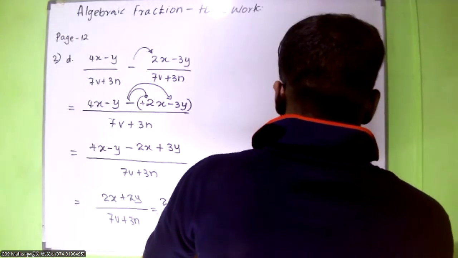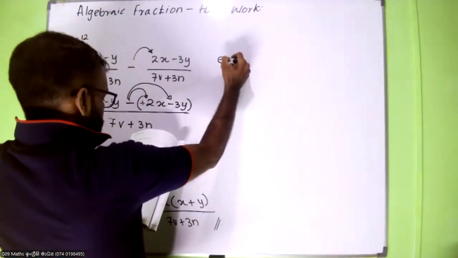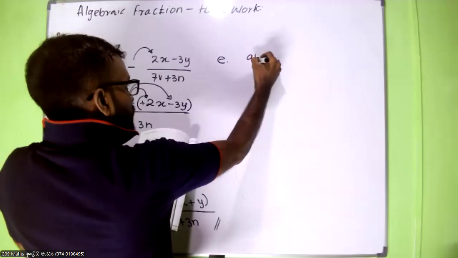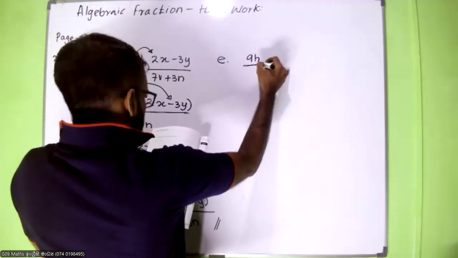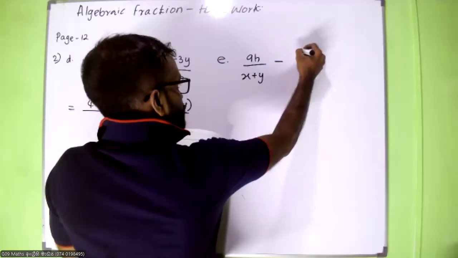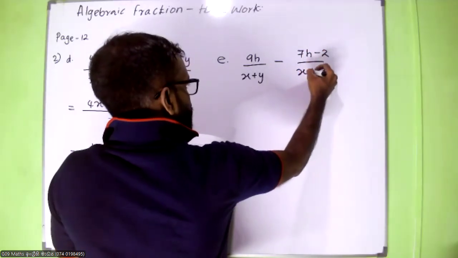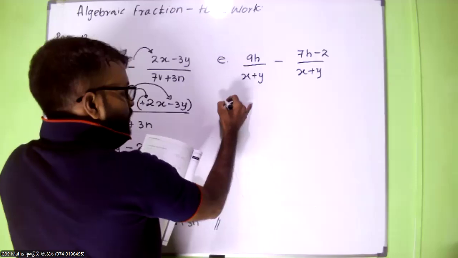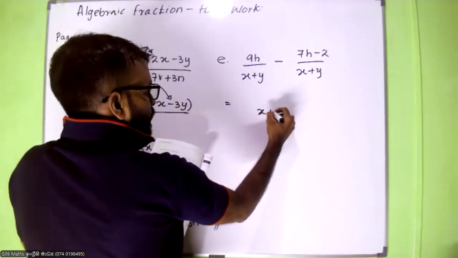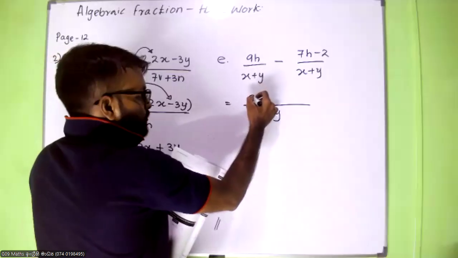Part D. Part E. 9h divided by x plus y minus 7h minus 2 divided by x plus y. So the denominator is the same, so no need to worry. 9h is here.